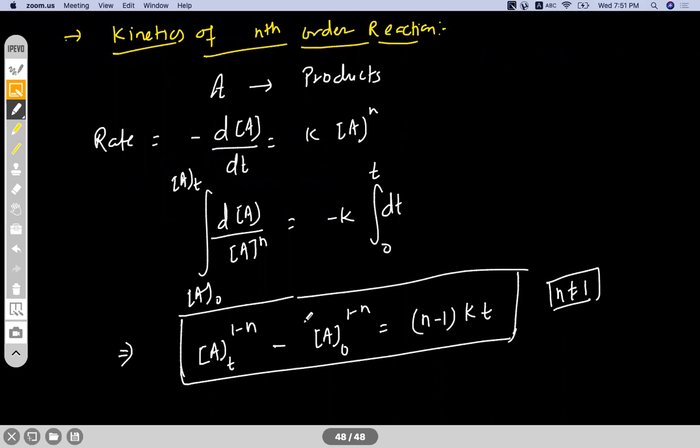Okay. Could you find out t half from this? I want you to find out the relation of t half and A naught in this, because on this only they'll ask questions. T half and A naught.